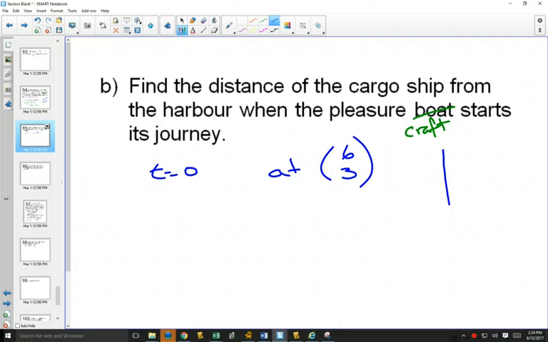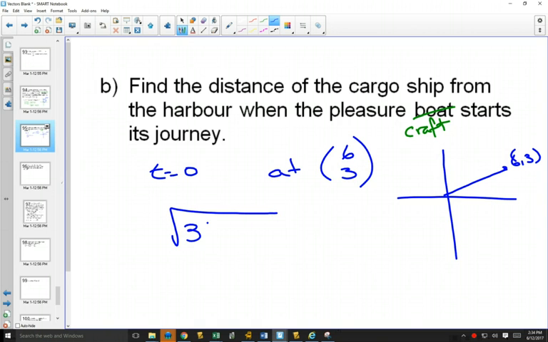Well, if you think about where 6, 3 is, you want to find that distance. It'll be the square root of 45 kilometers away from the harbor. So 6 and a bit kilometers away from the harbor.